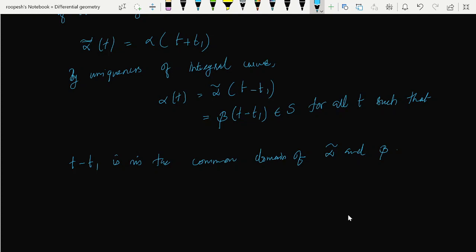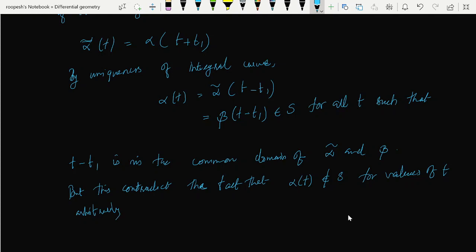But this contradicts the fact that alpha of t does not belong to S, which we have assumed, for values of t arbitrarily close to t1.